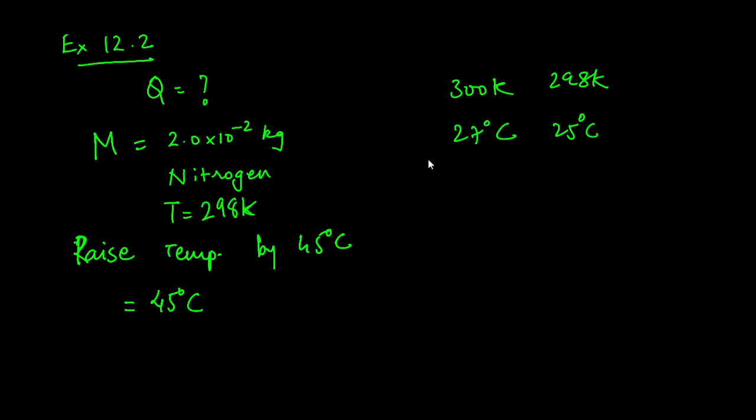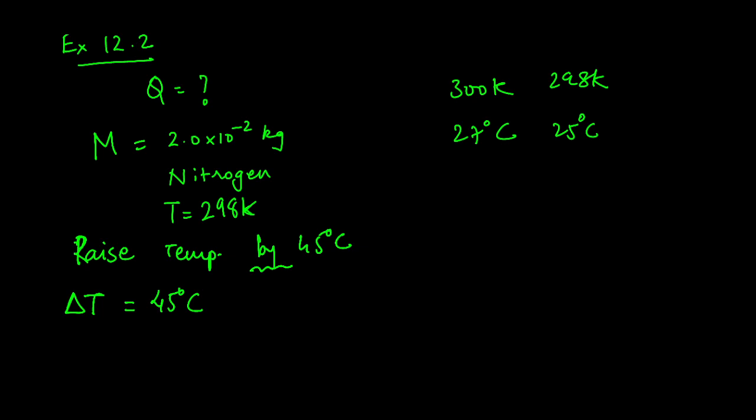Let's see your understanding of the question. 45 degrees Celsius is the value of which quantity? Final temperature or change in temperature? Understood? Delta T is 45 degrees Celsius.